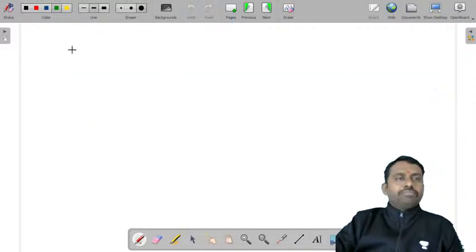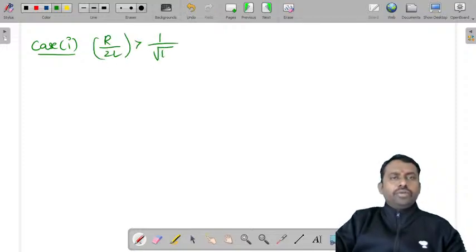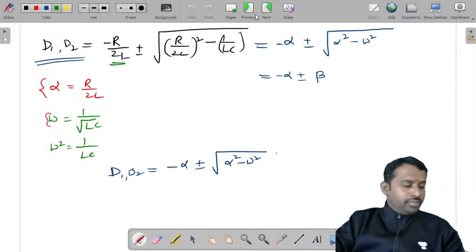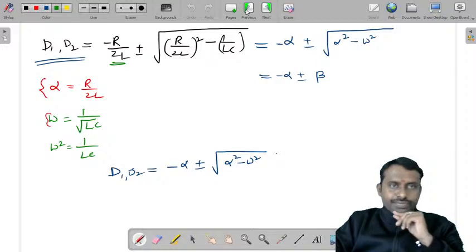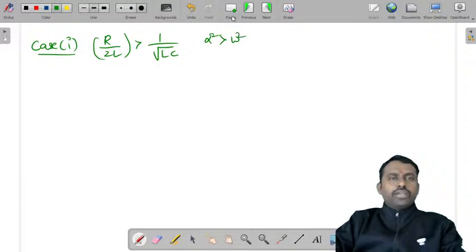So let us consider them. Case 1: alpha greater than omega, I'll write in terms of R, that's better. R by 2L greater than 1 by root LC, that is alpha square greater than omega square.